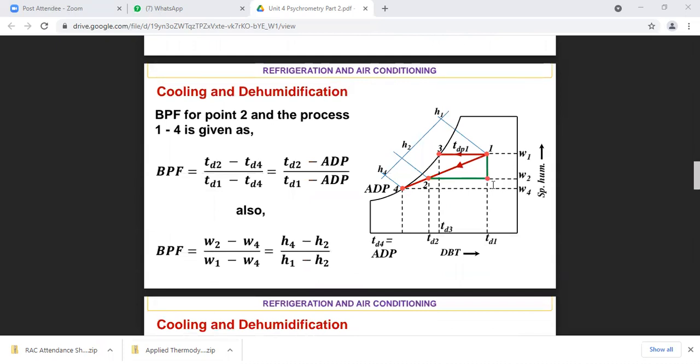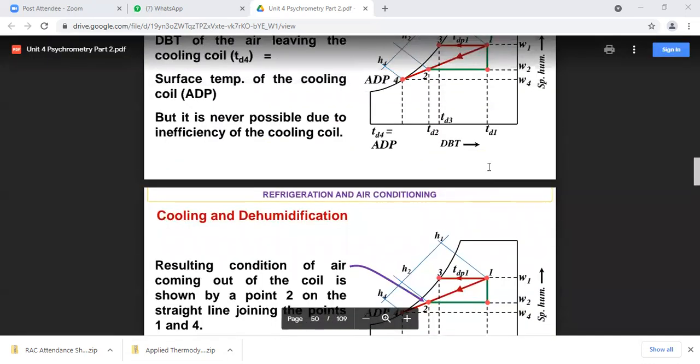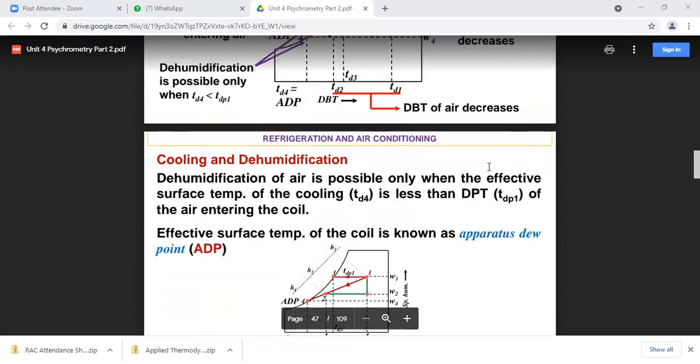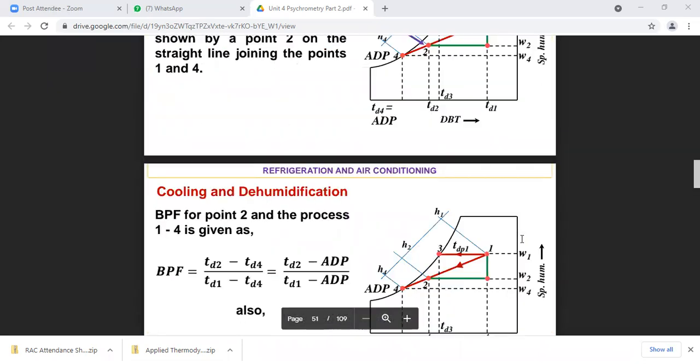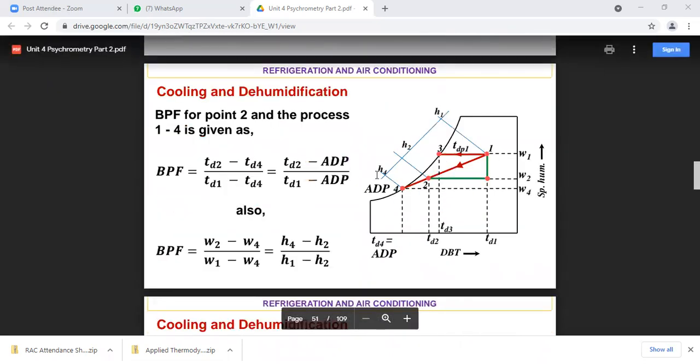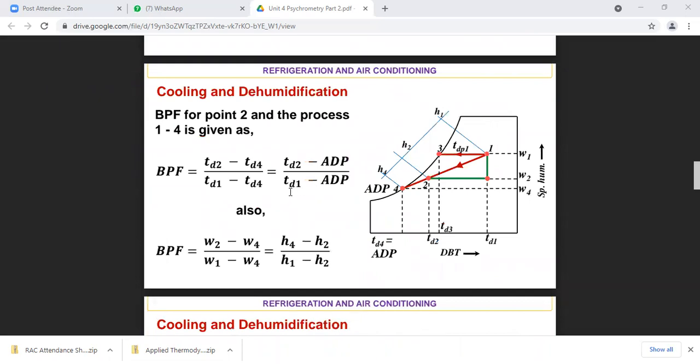So we have to split this in two ways, which is equal to TD2 minus ADP, the apparatus dew point temperature, upon TD1 minus the apparatus dew point temperature.